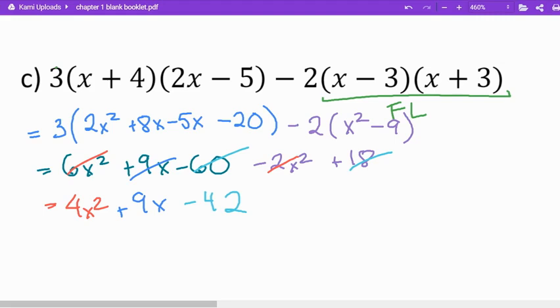But would FOIL be correct? Did you get the correct answer? If you follow along, did you get positive 3x? In here, not in the final answer. So you would have gotten negative 5x plus 8x.